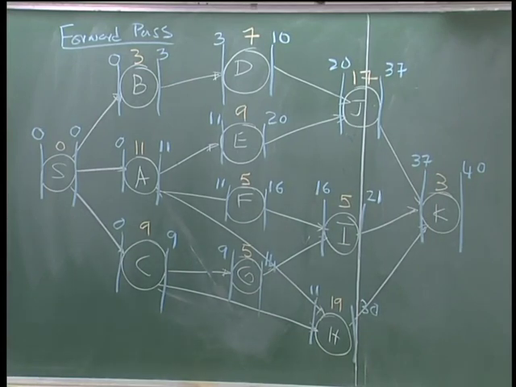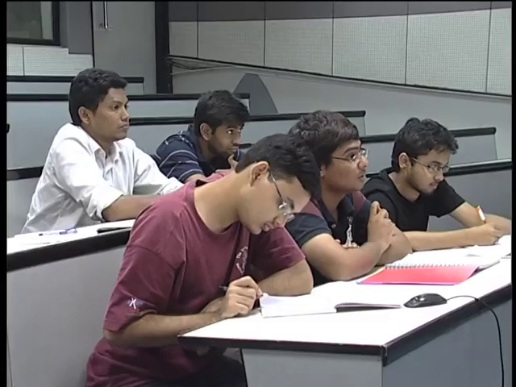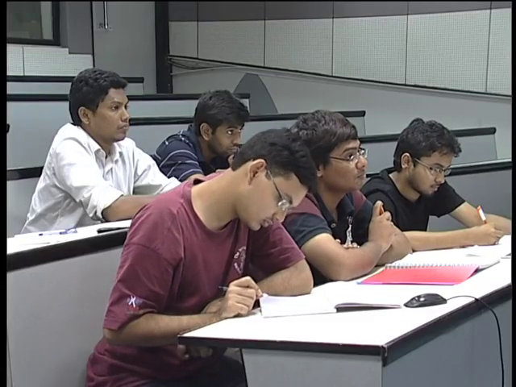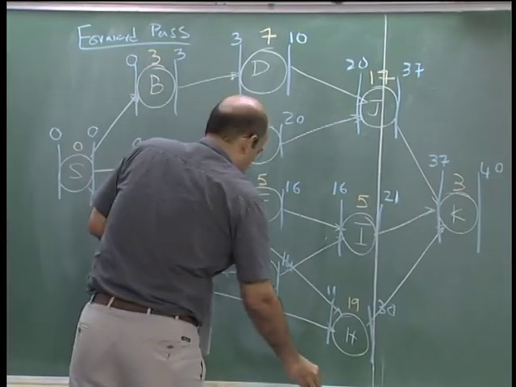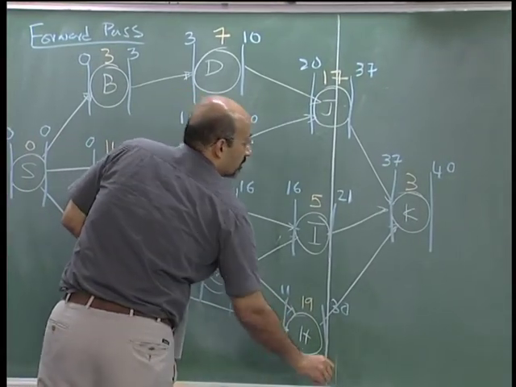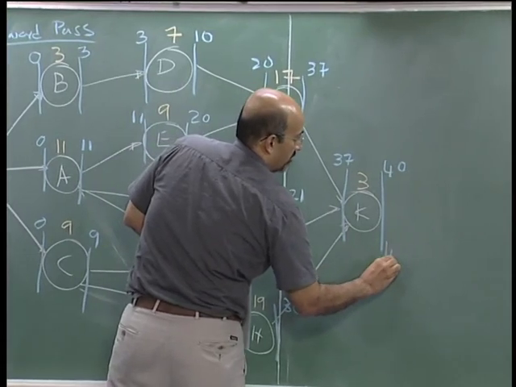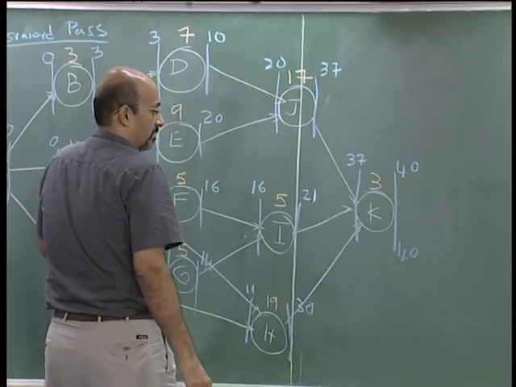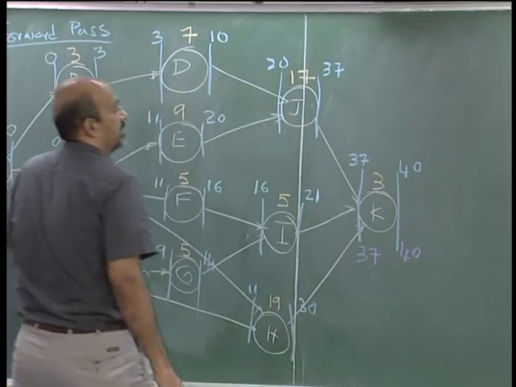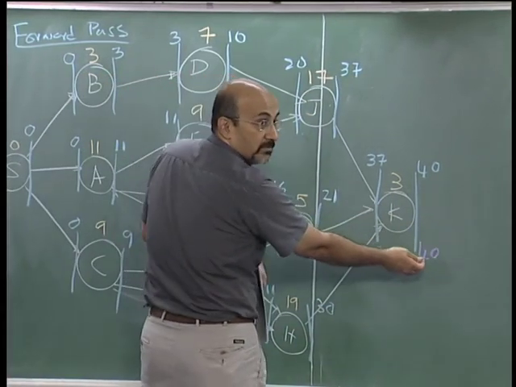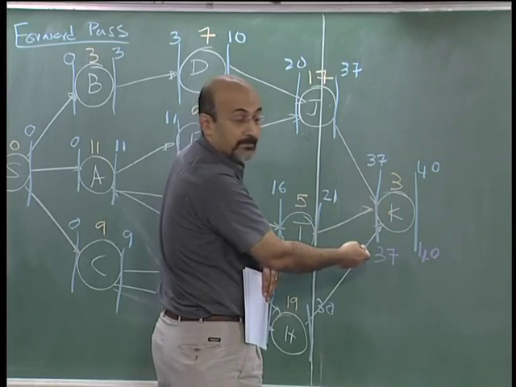We have completed the forward pass. Now we will go to the backward pass. We start with 40, keeping this fixed, and 37, and we come back to 37. This is the late finish and the late start.